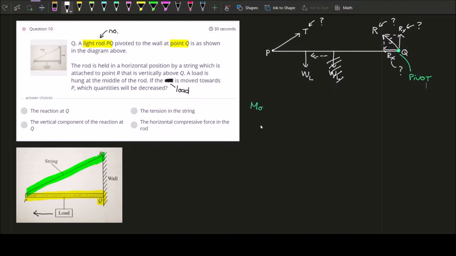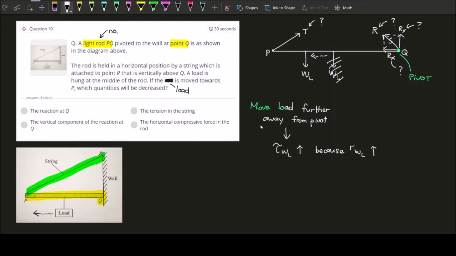If we move the load further away from the pivot, what will happen? The torque due to the weight of the load will increase, because the distance of the weight of the load from the pivot increases.